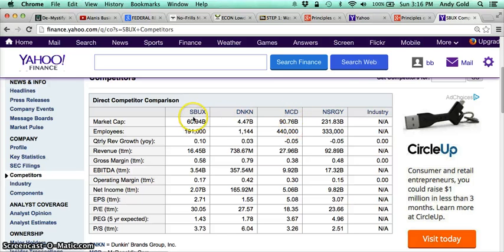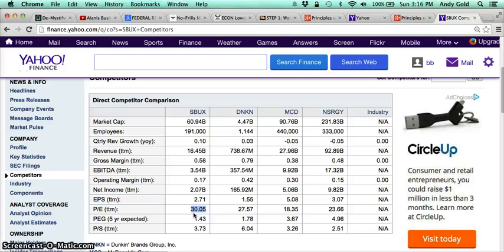But both McDonald's and Starbucks are significantly smaller than Nestle, which has a market capitalization of $230 billion. As we scroll down this list, we see that Starbucks is leading the way in terms of its price earnings multiple. So it's able to demand the greatest premium in terms of its stock price to its earnings per share.